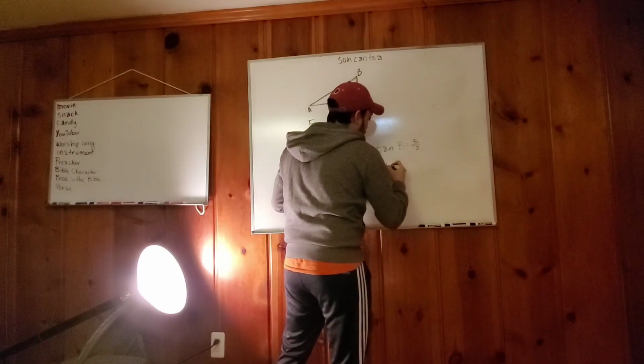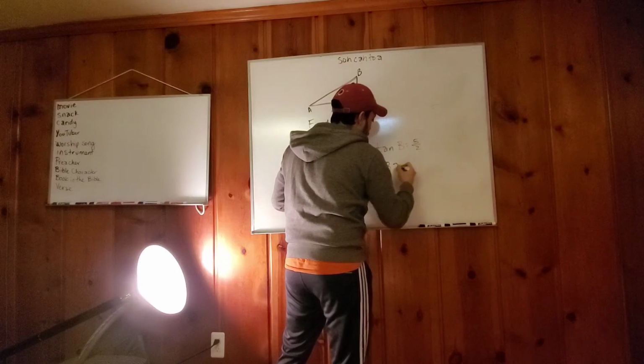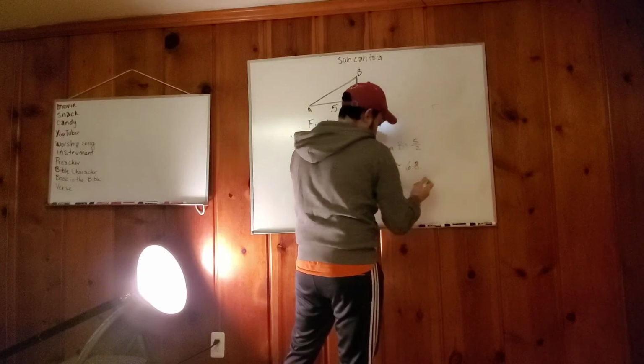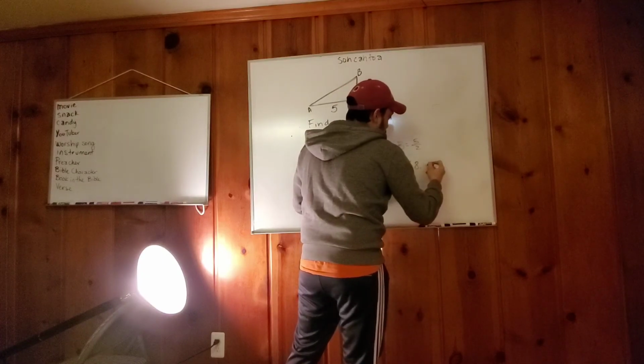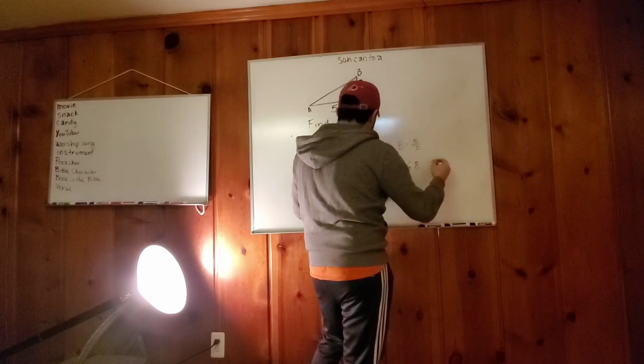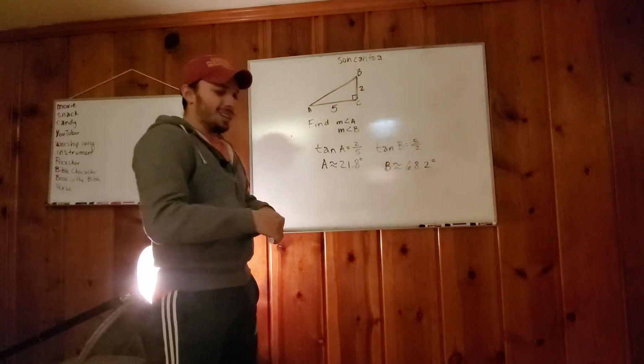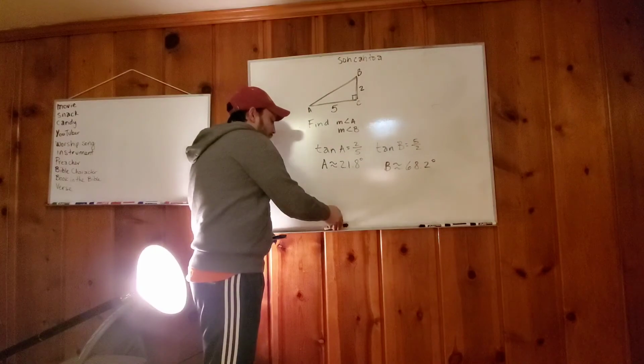And for angle B, it's about 68.198. I could say about 68.2. I'm going to put it that way. I know that your book might not have it like that, but it's just easier this way.